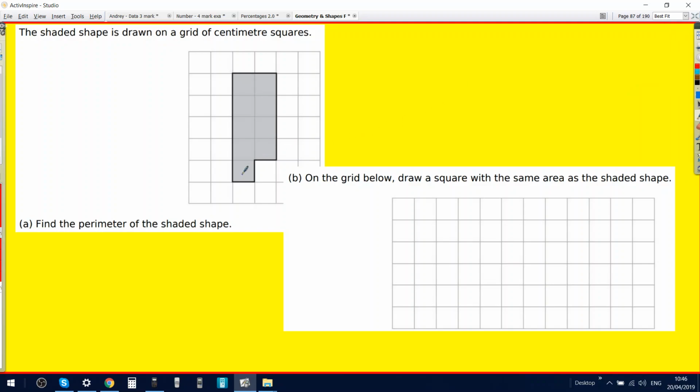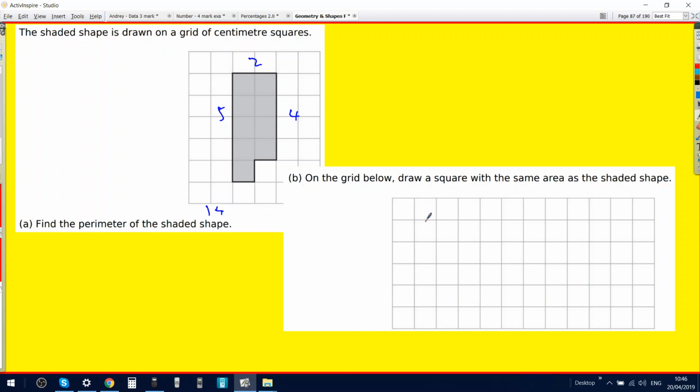The perimeter, I don't think so. So it's 5, 2. So 5, 9, 10, 11, 12, 13, 14. It is 14.